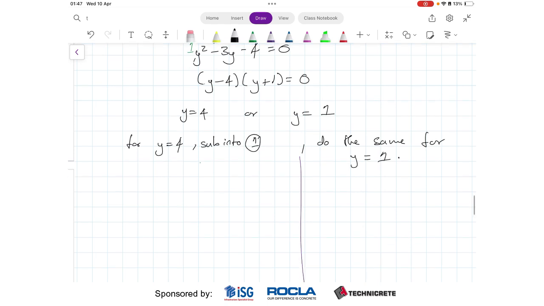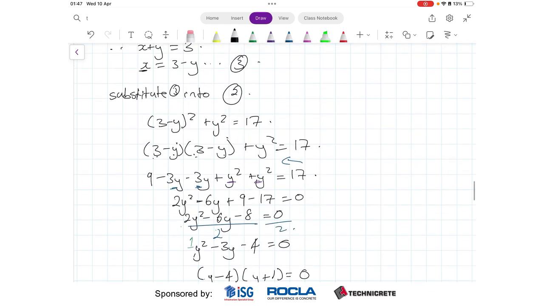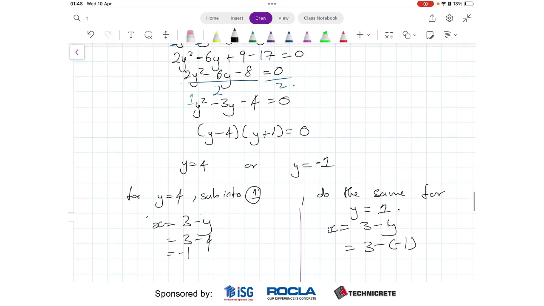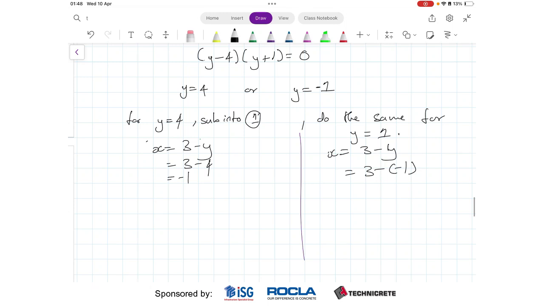So for y equal to 4, we have that x is equal to 3 minus y, which is equal to 3 minus 4, which is negative 1. Sorry, that was supposed to be a negative 1. Yeah, that was supposed to be a negative 1.